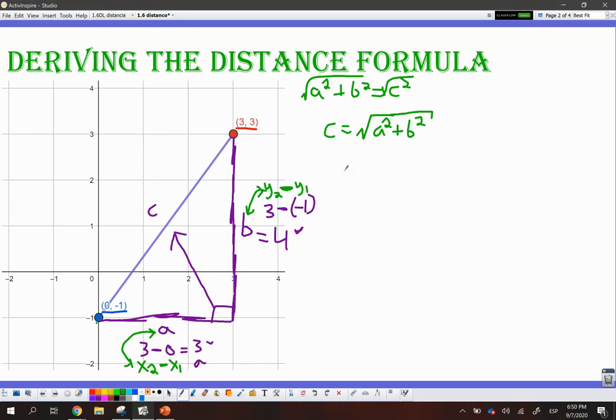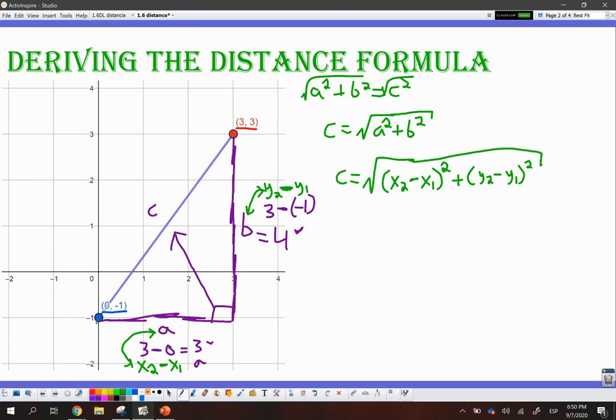Well, that's going to end up giving us C equals square root, and instead of A, I want to replace that with x2 minus x1, which remember is the horizontal distance between our two coordinate points. And then I'll have that squared, don't forget the square. And then my b squared, remember that's my vertical distance where I subtracted the y coordinates, y2 minus y1 squared.